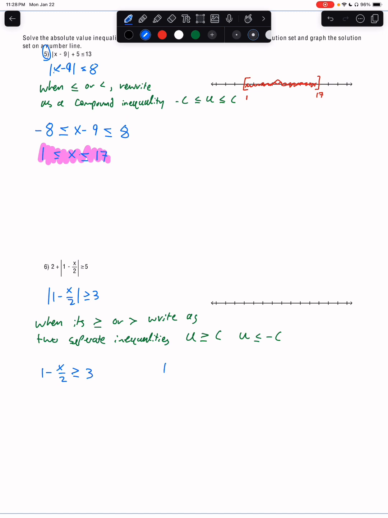And we're going to have 1 minus x over 2, and we flip the sign, is less than or equal to negative 3. We'll just solve both of them. So we'll start with the left one over here first. Start by subtracting 1 from both sides.